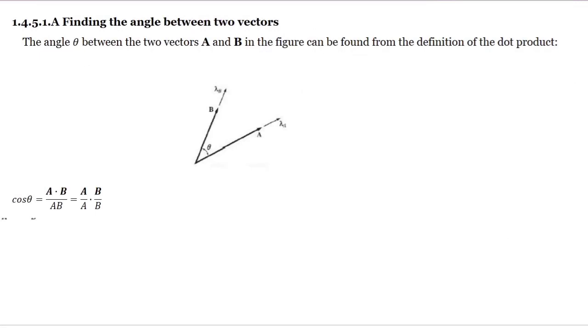Saan ba natin ginagamit yung dot product? So, one of the applications of the dot product is finding the angle between two vectors. So, the angle theta between the two vectors A and B here in the figure can be found from the definition of the dot product. We have the cosine of theta equal to A dot B over AB.